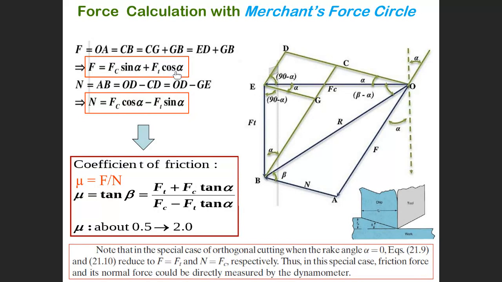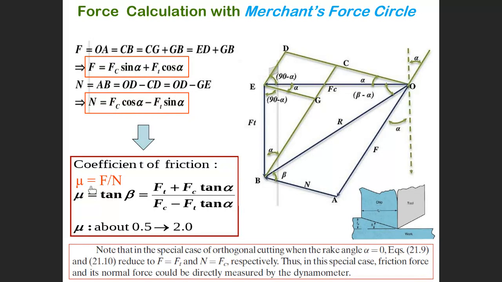If you know the tool, we can measure alpha. And the unknown normal force N equals FC cosine alpha minus FT sine alpha, also a function of known FC and FT. So unknown values can be obtained as a function of known values.